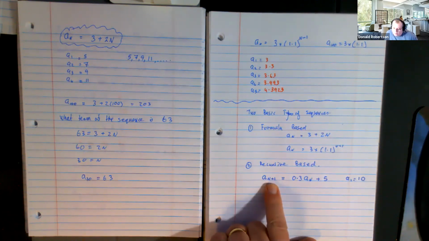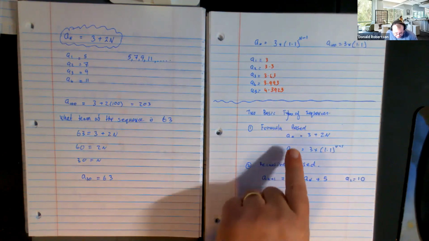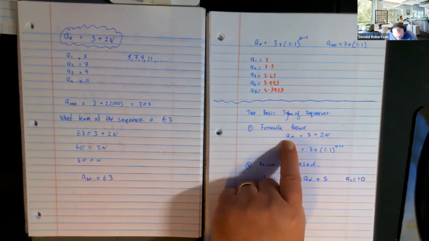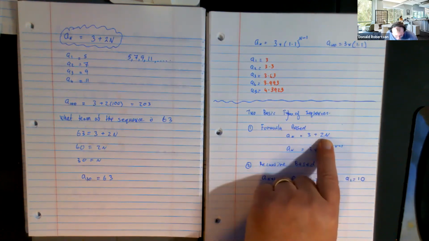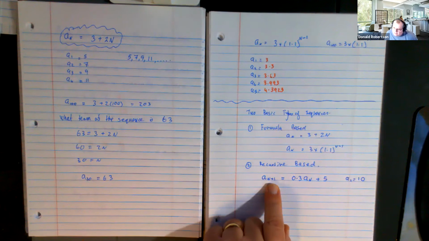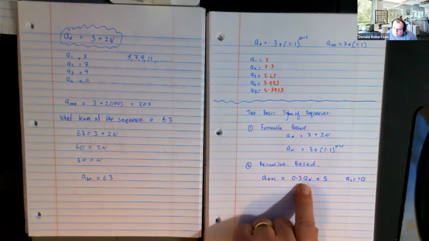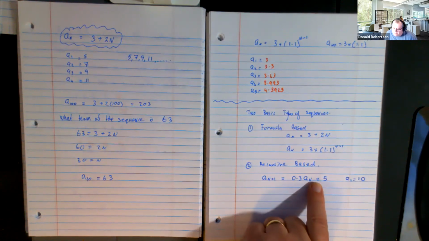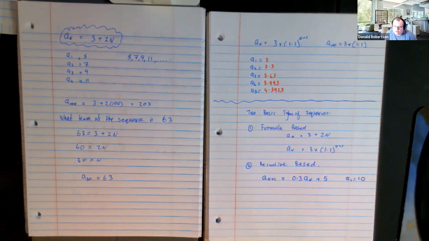It also has a formula, but it's not an, the nth term, as a function of n. It says a(n+1) equals 0.3 an, add 5. The reason this is recursive is that this formula tells you how to get the next number in the sequence.